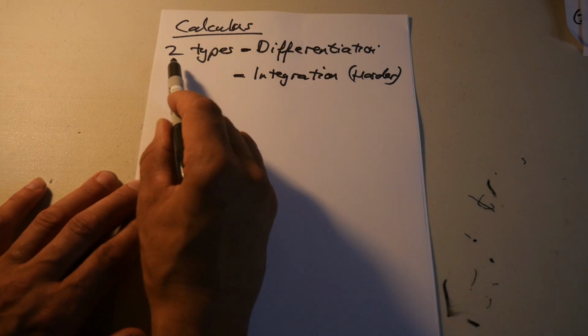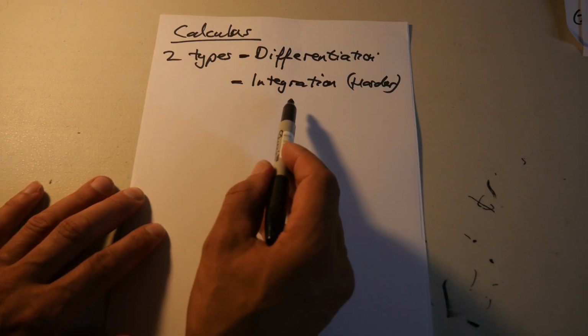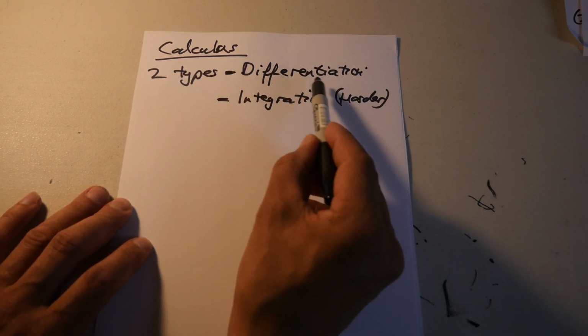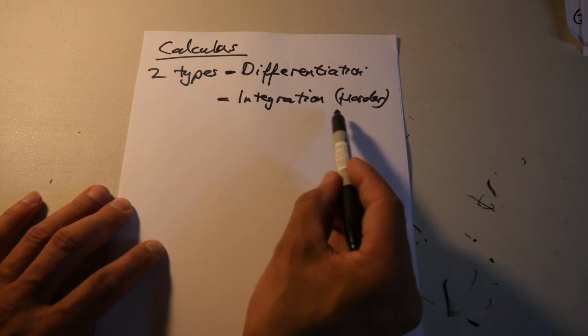So there are two types of calculus: differentiation and integration. Generally integration is harder. Differentiation is actually pretty easy, but integration can be much harder.